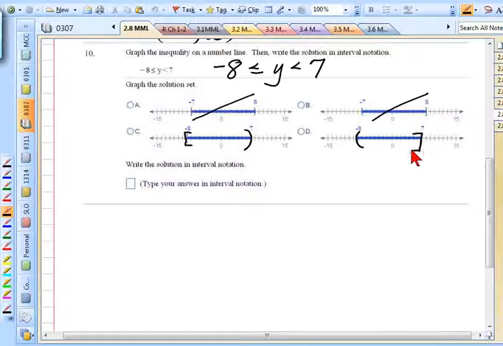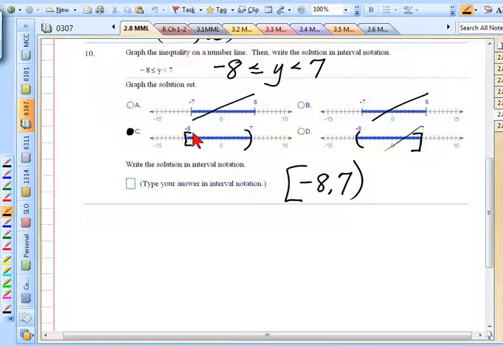There is a less than or equal to sign closest to the -8, so it means it is possibly included. So I need a bracket. What will my interval look like? -8, comma 7, bracket there, parentheses there. The symbols on the interval always match the symbols on the number line.